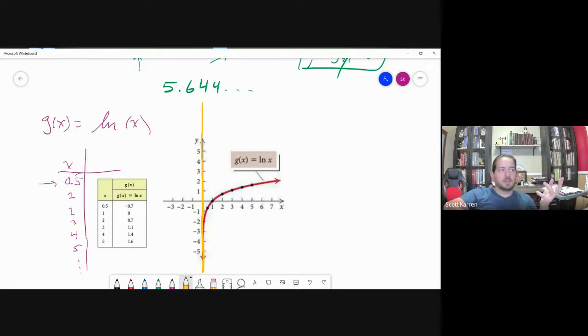So when you go to graph these, make sure that you're paying attention to domain issues. The domain of a natural log or any log is 0 to infinity, not including 0. So it's parentheses there. You can't plug in 0, otherwise you're in trouble. It's not going to work out.